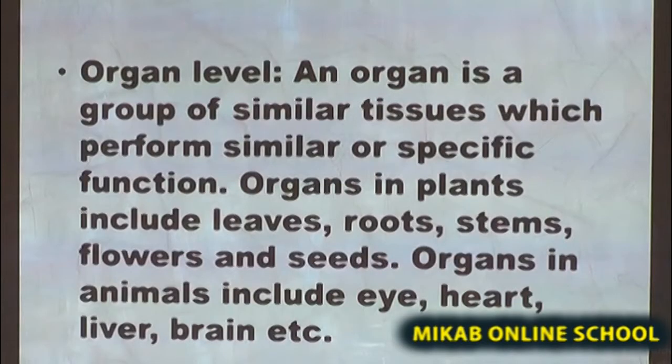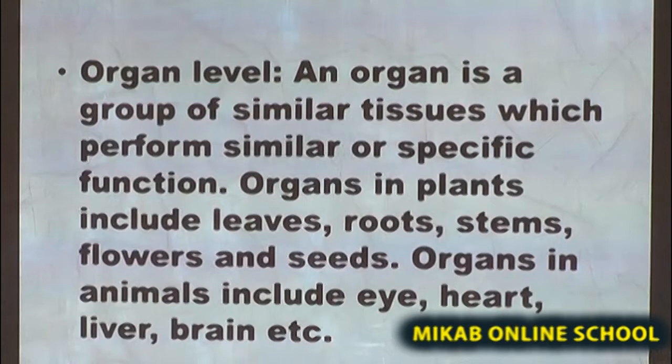The organ level is the third level of organization of life. An organ has been defined as a group of tissues that also perform the same function. There are parts of animals' bodies that are called organs, and there are parts of plants' bodies that are also called organs. In the case of plants, they include the leaves and the roots.